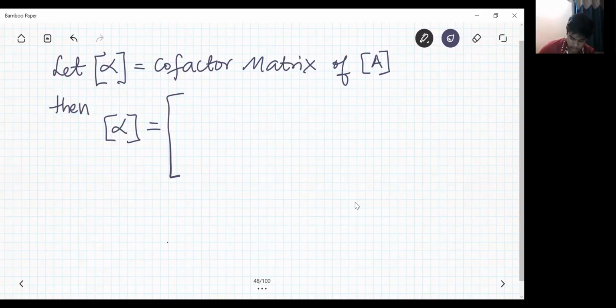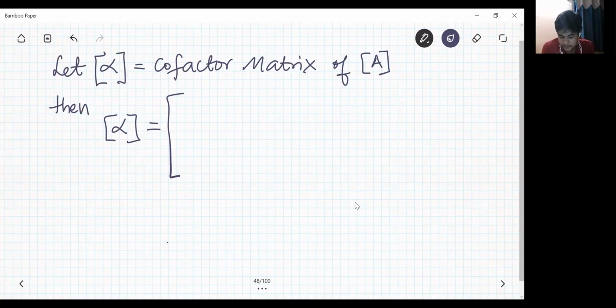No, you are not doing correctly at all, you see. You are doing alpha 2 1. So what will you write? 2, 1, 1, minus 1, determinant. 2 into minus 1 is minus 2.